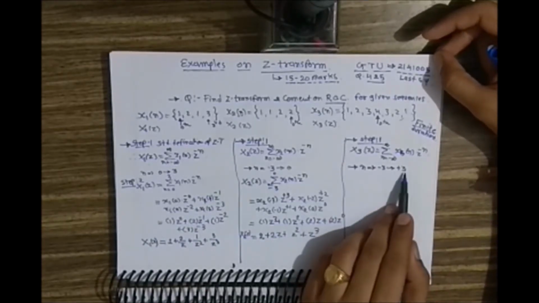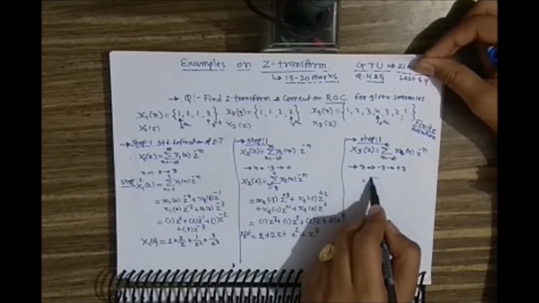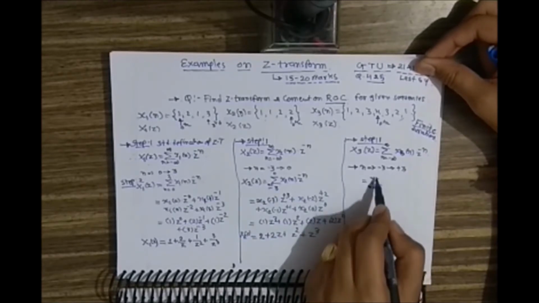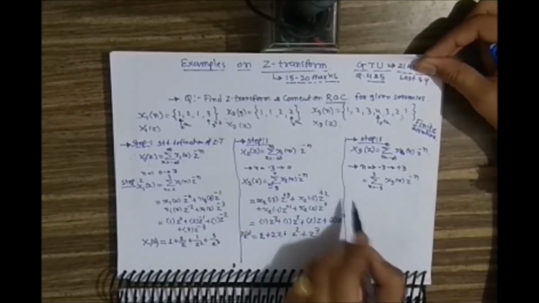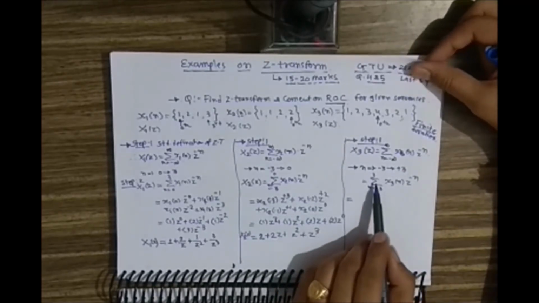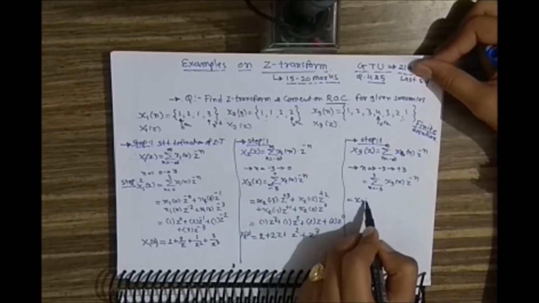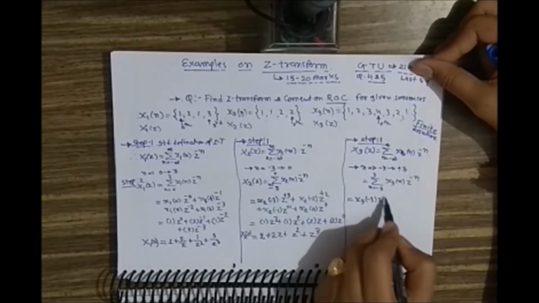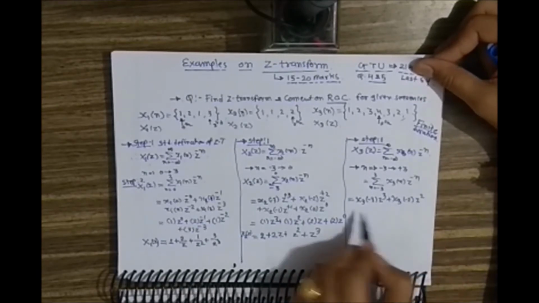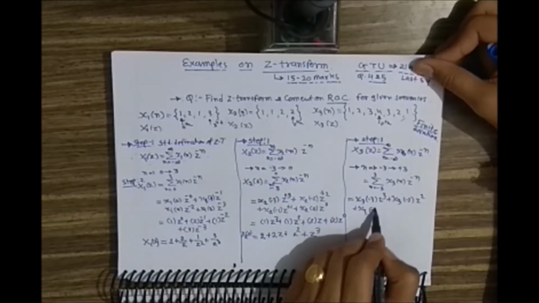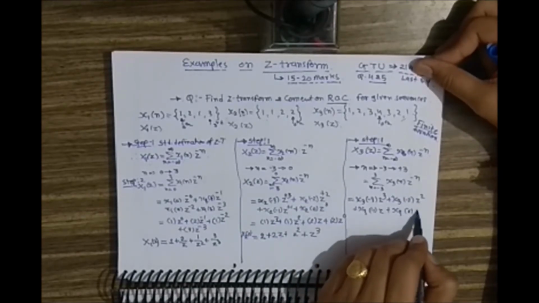So by considering the minus 3 to plus 3 limit, we will calculate x3 of z, starting with summation n equal to minus 3 to plus 3 x3 of n z raised to minus n. So let us consider all the limits: x3 of minus 3 z raised to 3 plus x3 of minus 2 z square plus x3 of minus 1 z plus x3 of 0 z raised to 0.